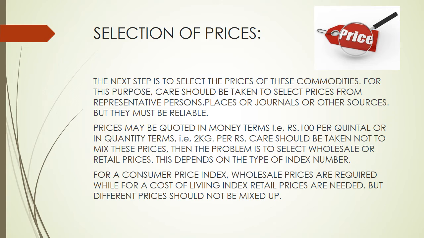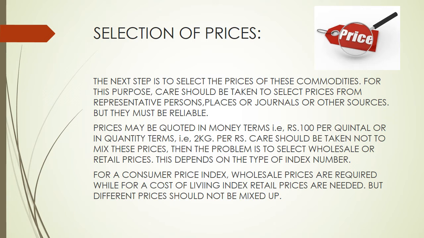Yes, it is represented by the government, right? So we have to select commodities where the prices are given by some person, places or journals, and it should be reliable too. The prices may be quoted in terms of money, like rupees 100 per quintal, or in quantity terms, like 2 kg. And then the next problem is to select whether it is wholesale or retail prices. It depends on the type of index number.